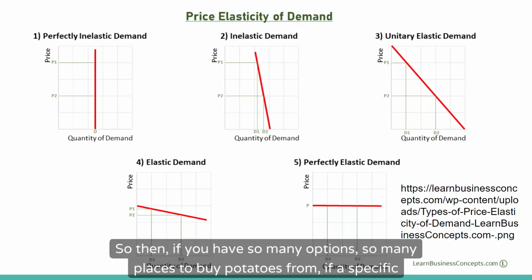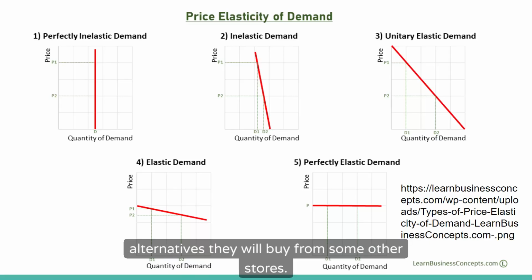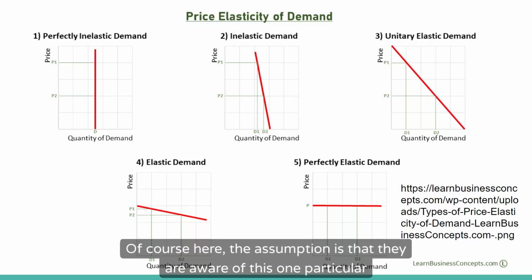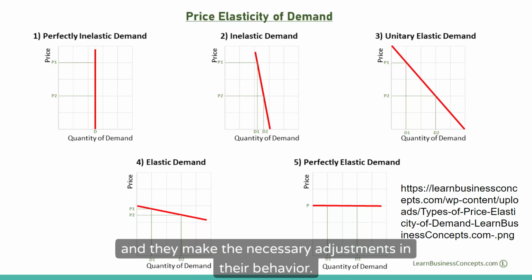So if you have so many options, so many places to buy potatoes from, and a specific supermarket charges a much higher price, then consumers are likely to switch to alternatives. They will buy from some other stalls. Of course, here the assumption is that they are aware of this one particular supermarket's adjustment in the price, and they make the necessary adjustments in their behavior.